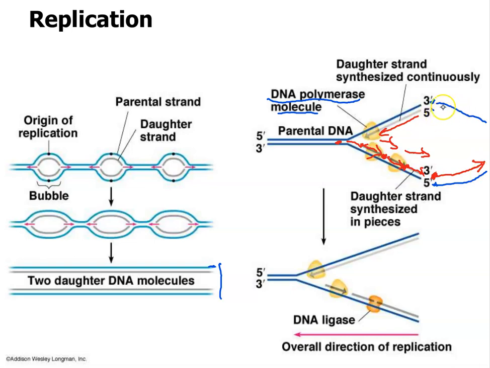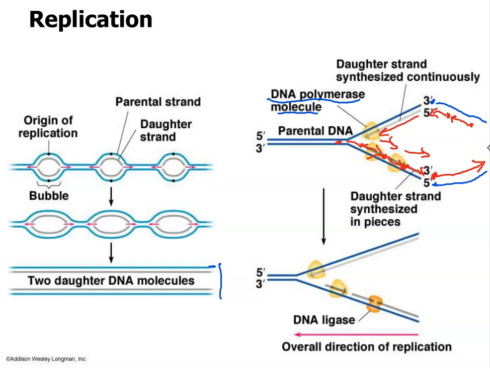Now up here, we have the problem because we also want to go in 5' to 3' direction, so we're going to have to do the same thing. We're going to have to put down a little primer piece right here, and then we can go in this direction. And then we have to put another primer down, and then we can synthesize in 5' to 3' direction. So up here, this is now the lagging strand on that side, and here is a leading strand. So I hope you get the idea.